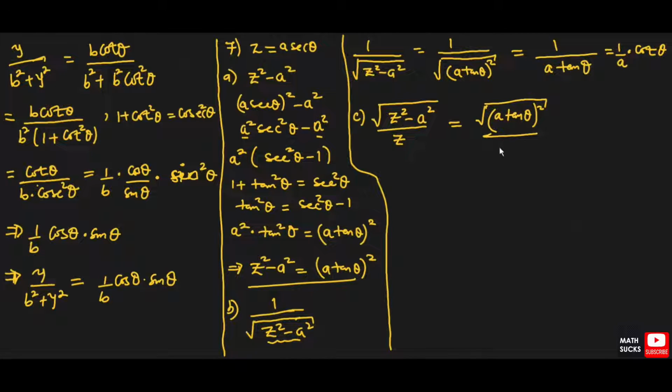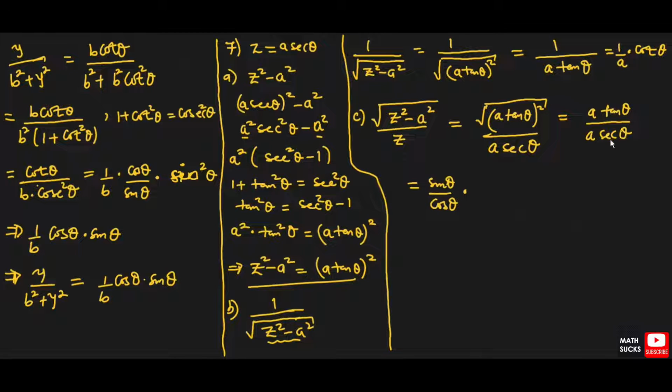z equals a sec of theta, which means that the upper part is giving us a tan of theta, everything over a sec of theta. So observe that a is going to cancel, and then we have tan over sec, but again I can express that in terms of sine and cos. That means tan alone is sine of theta over cos of theta, times 1 over sec.